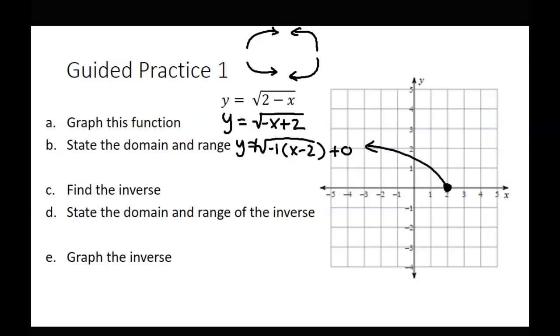All right, Anaya, what's the domain of that graph over there? Oh, okay. Good. So -infinity is less than x, which is less than or equal to 2.